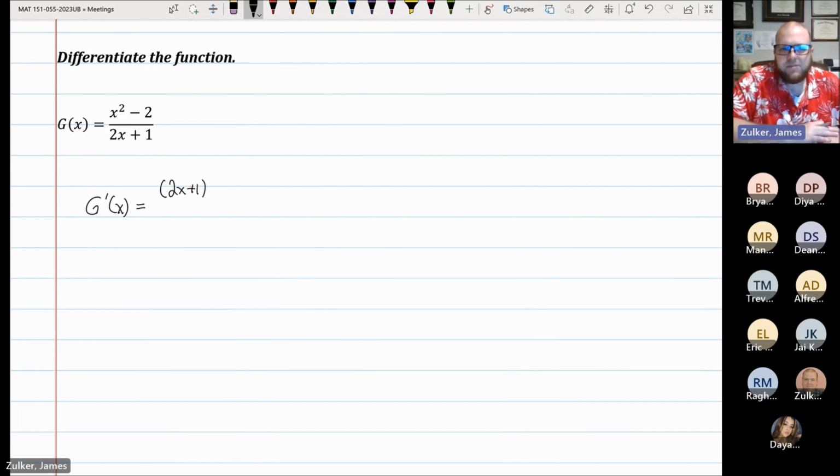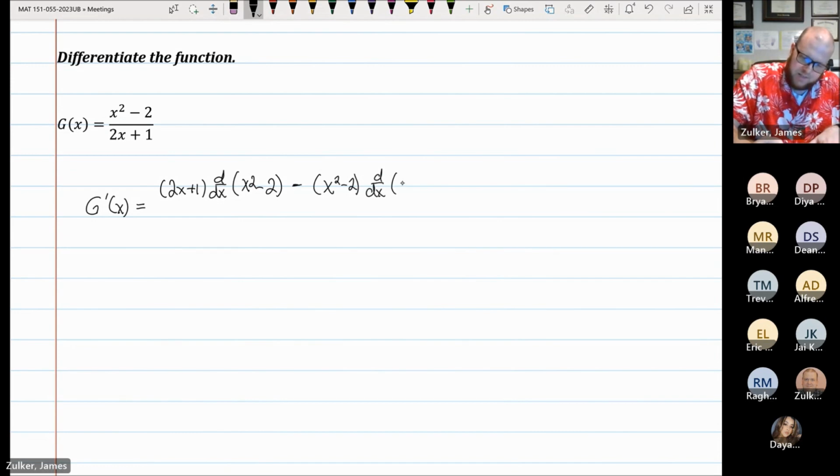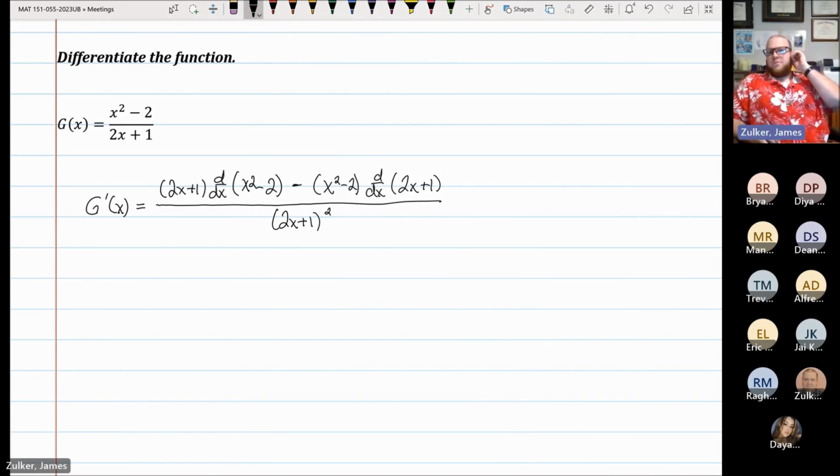Right. G of x times the derivative of f minus f of x times the derivative of g of x all over g of x squared.